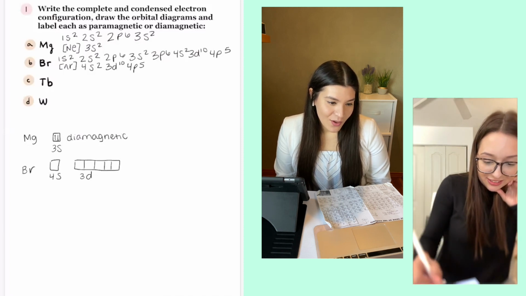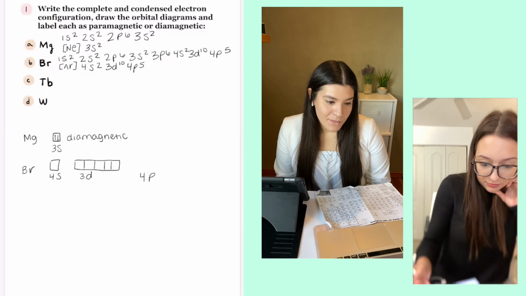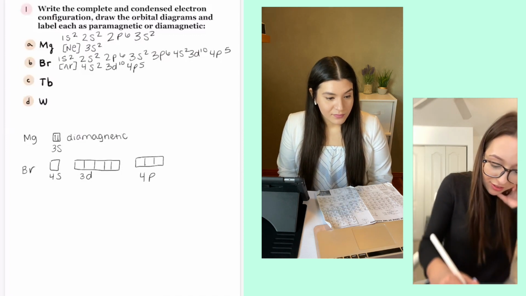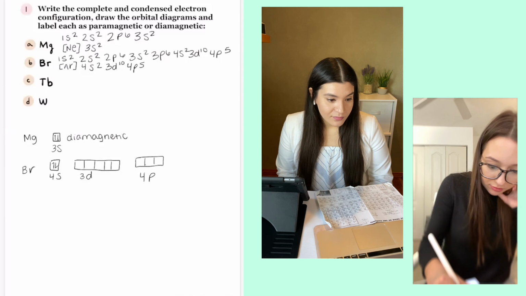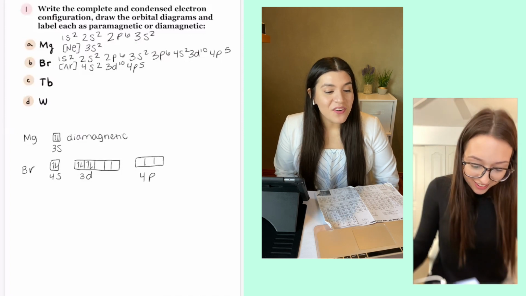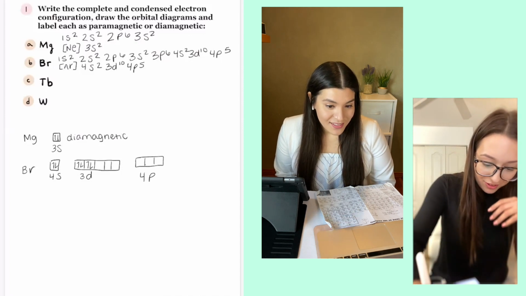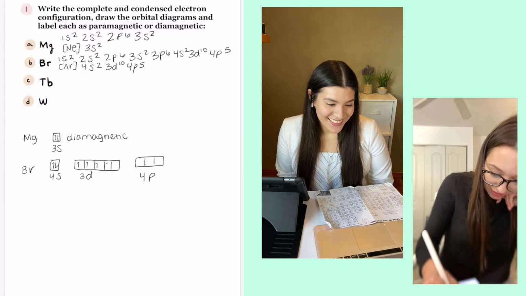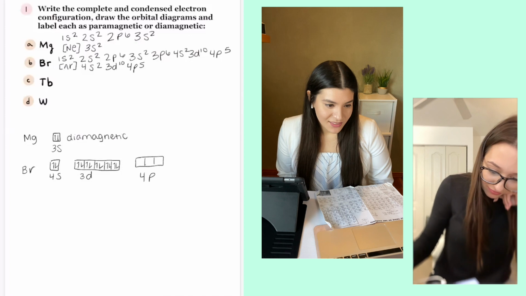And then 4p, so 3 boxes. Good. Following Hund's rule, 1, 2, 3, 4, 5, 6, 7, 10.